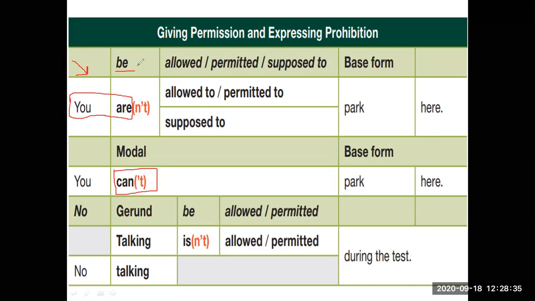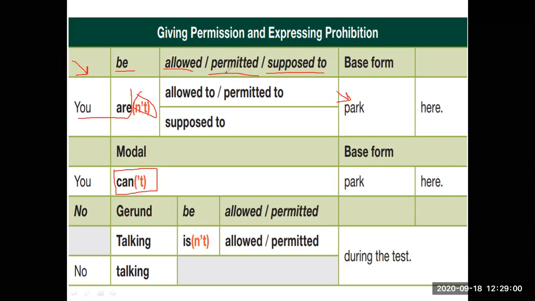So remember, when I say it in positive, you are allowed to park here, you are permitted to park here, you are supposed to park here, I am expressing permission. But if I say it in negative, you aren't allowed to park here.